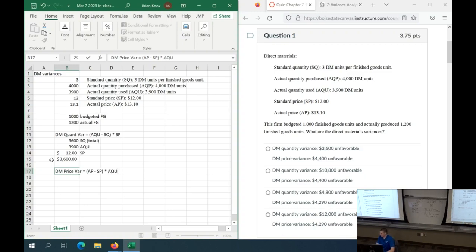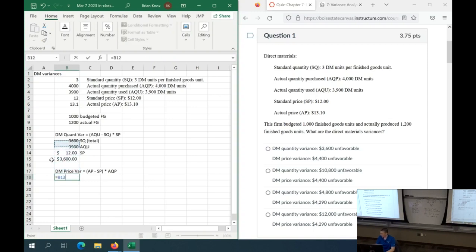I know price variance is over on the far left side, so it's actual price versus standard price, scaled by actual quantity. That's the lever I'm pulling, the comparison I'm making, and it's scaled by actual quantity purchased. So price variance with a P uses actual quantity purchased with a P. AQP for price variance.